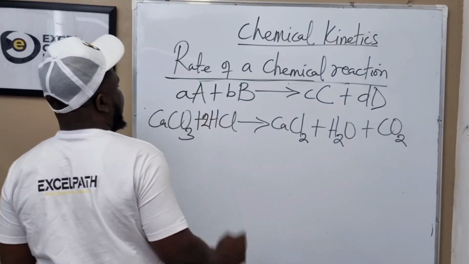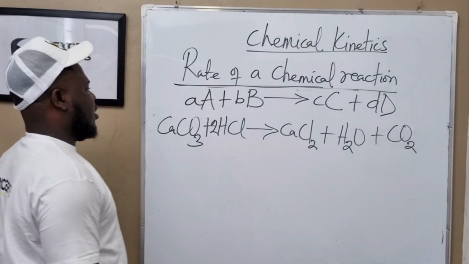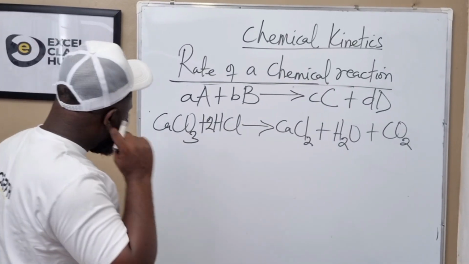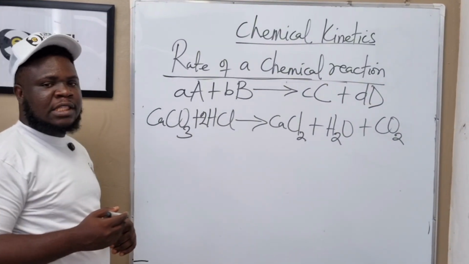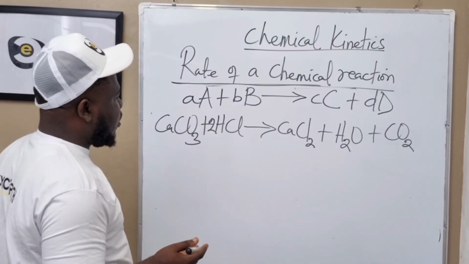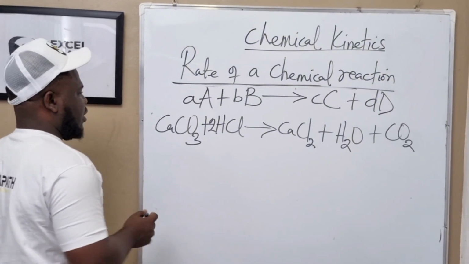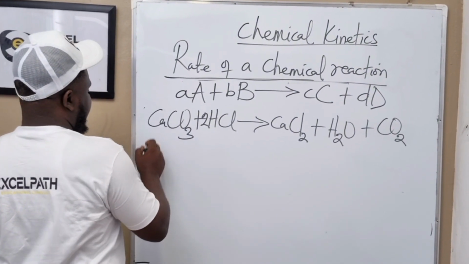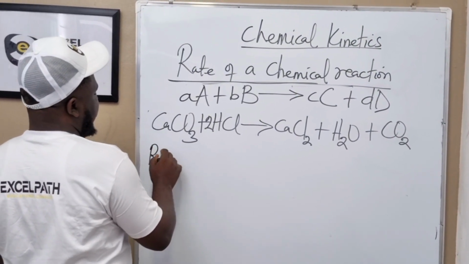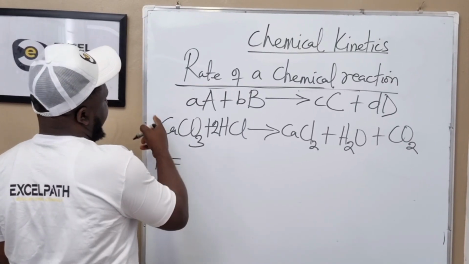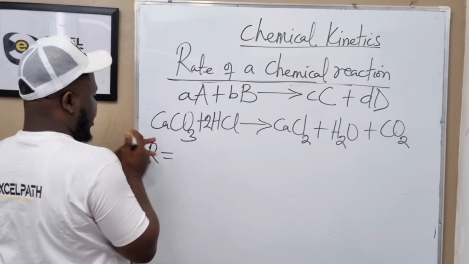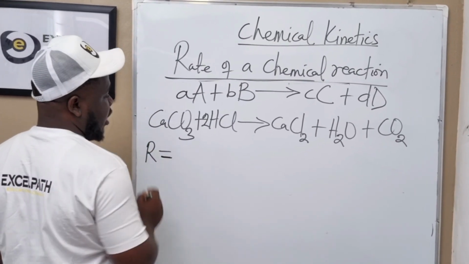So let's assume we are given this reaction, and we are told to write the rate expression for this particular reaction. How do we go about that? The rate expression becomes R is equal to, now there is no coefficient here. And of course, you know that this is a reactant, so it has to carry a negative sign.